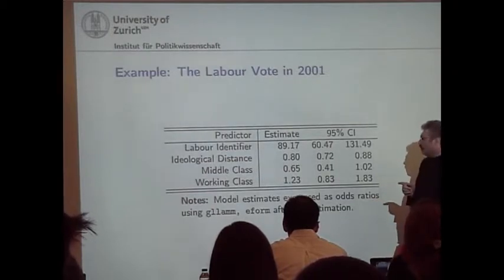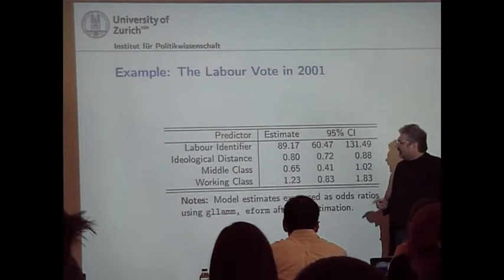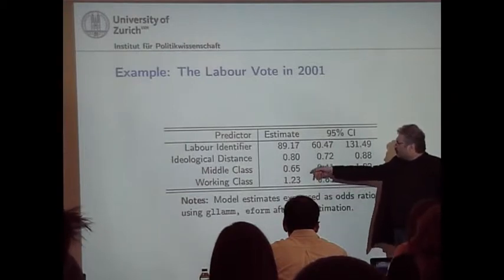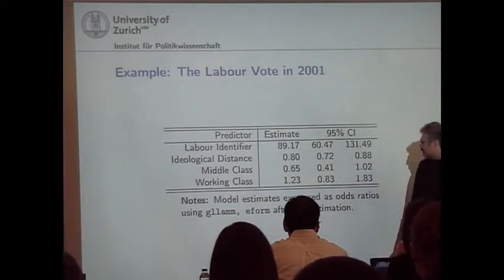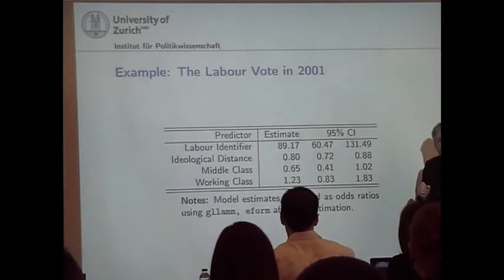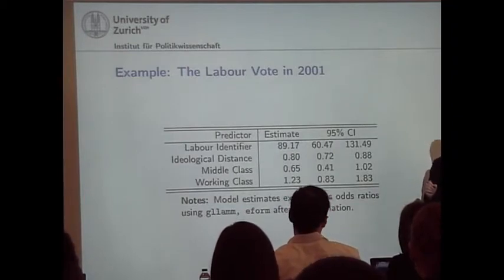There are also a couple that are interesting when you look at the estimates for the factor changes for middle class and working class. If you look at the 95% confidence intervals, the value of 1 is included in those intervals.